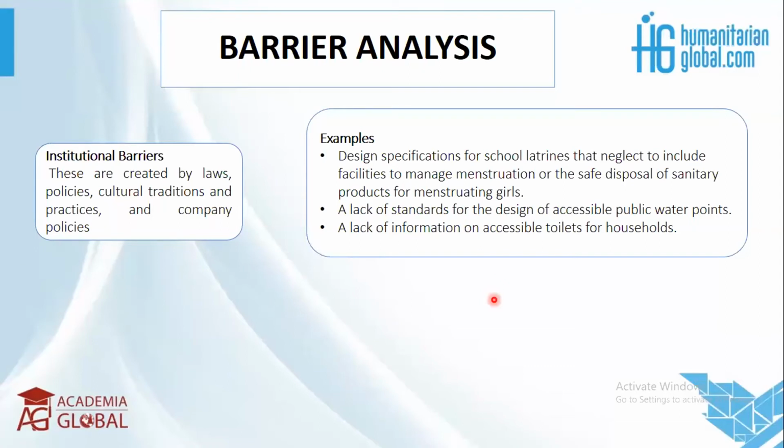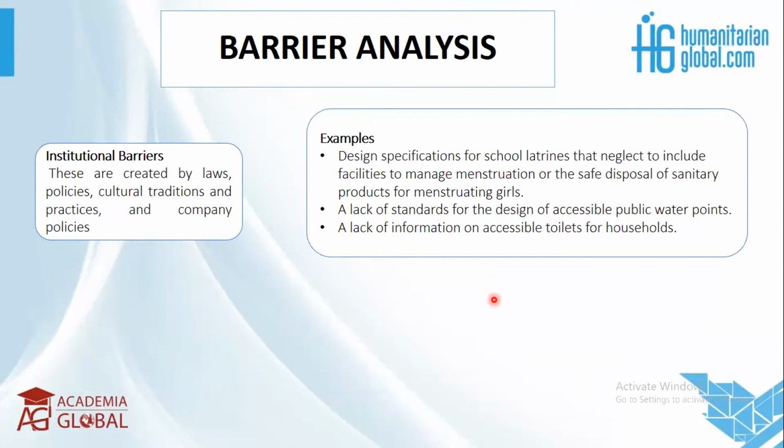You'd find that the laws or policies within the country, for example in school WASH, specify designs for school latrines, but these designs do not include facilities to manage menstruation, or the facilities do not provide ways of disposing of used sanitary products. That becomes a barrier.